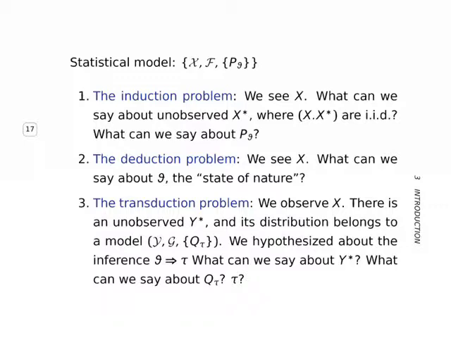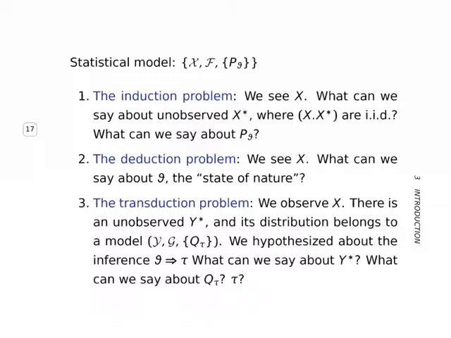However, there is a bunch of very standard statistical problems, which I call their type of inference transduction, in which we try to generalize beyond the sample. So in the way I put it, we observe X, there is unobserved Y star, which is very similar to the X star that was here.